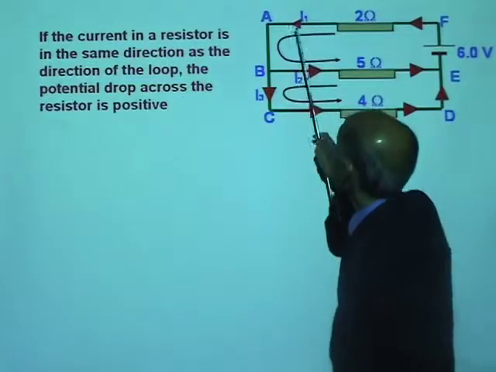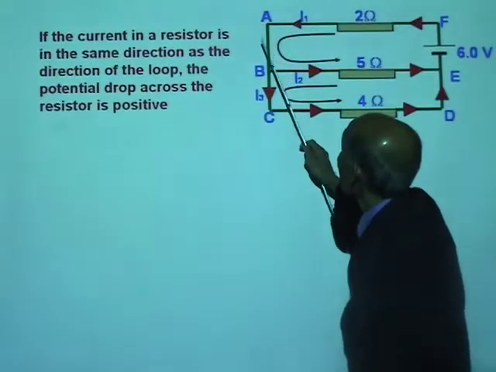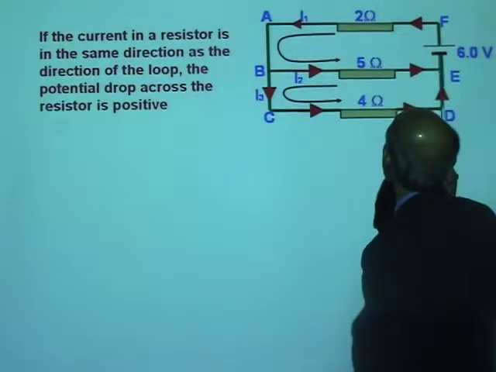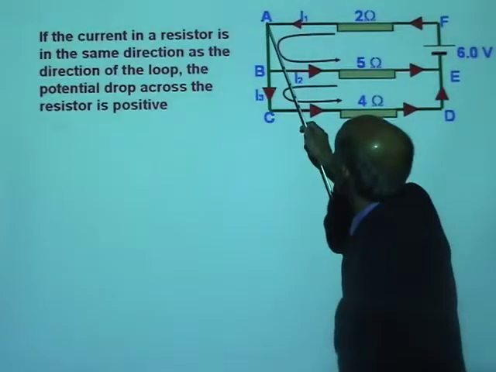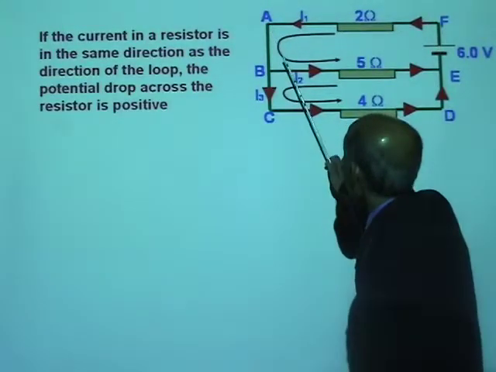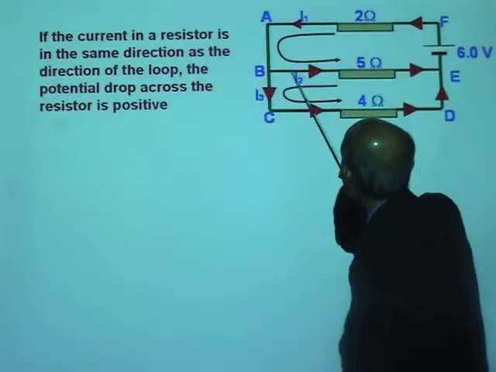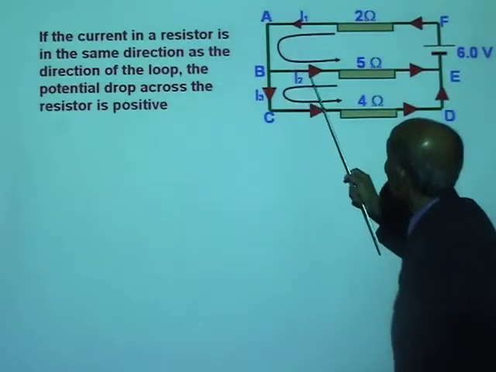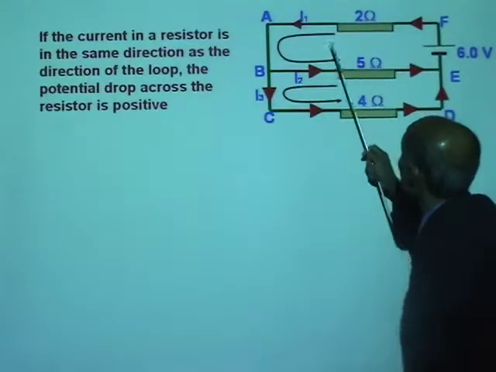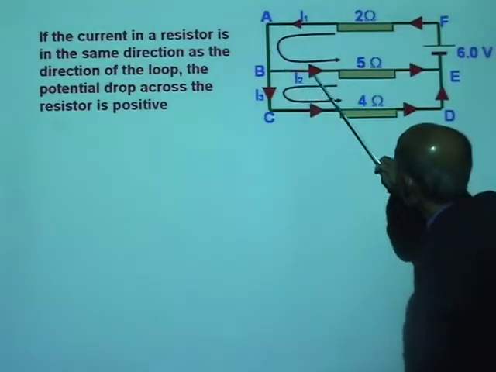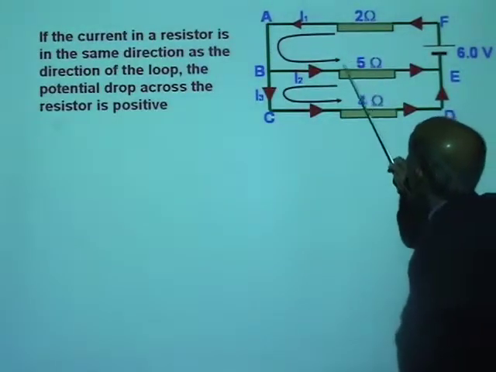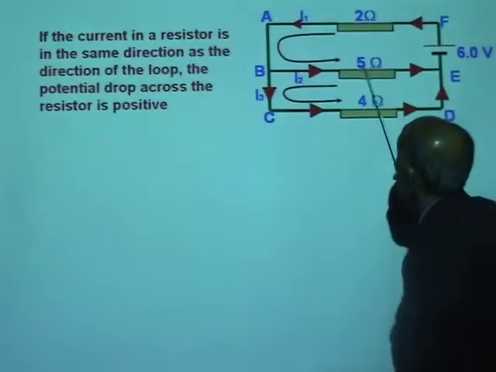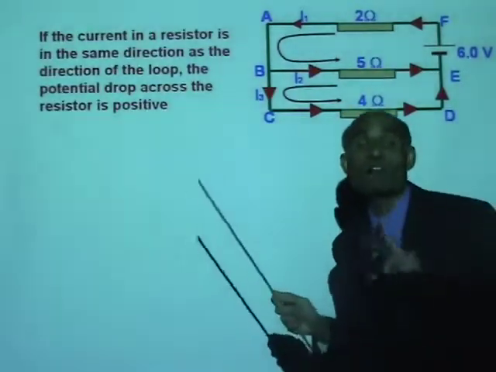For example, if you now use the loop A, B, E, F, A, the current in the 5 ohm, I2, is in the same direction. If the current in a resistor is in the same direction as the loop, then the potential drop across that resistor will be considered positive.